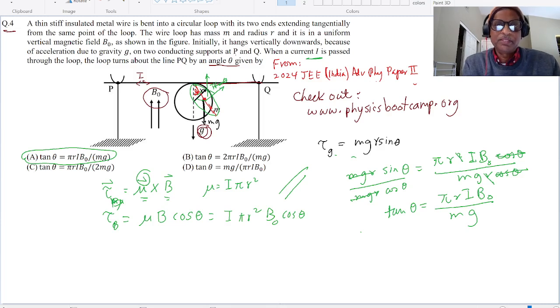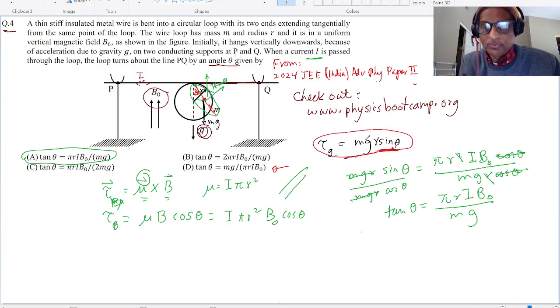Let's go back and see a couple of places I could have made a mistake. This would not be sine theta; if it was a cosine theta mistake, I would probably end up with a different answer. So that's what they're testing: do you get the torque formula for gravity right?